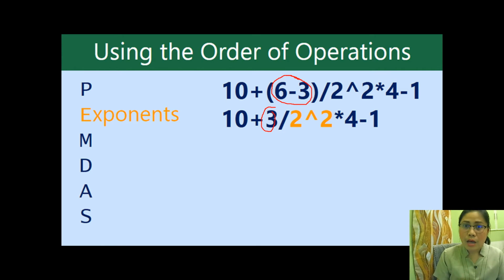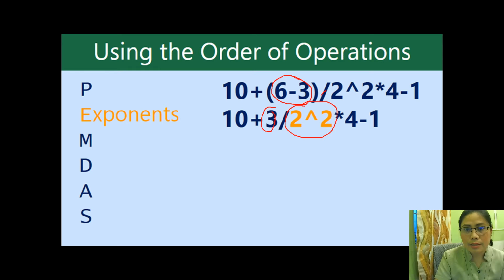So, next, we'll look to see if there are any exponents na nandun sa formula. So, as you can see, there's yung 2 exponent of 2. Ito po yun, class. So, 2 exponent of 2, the answer is 4.